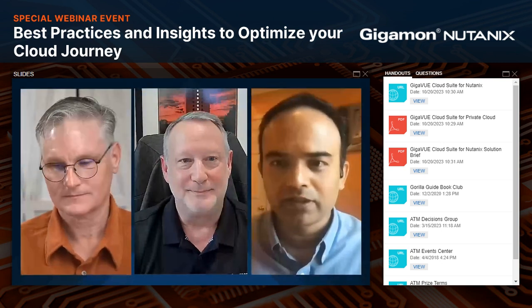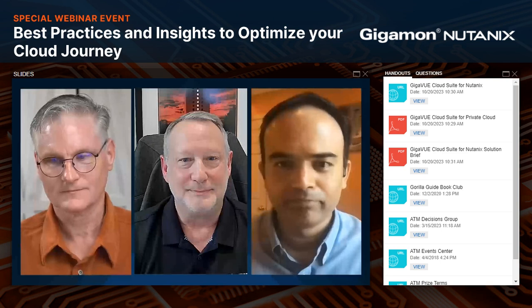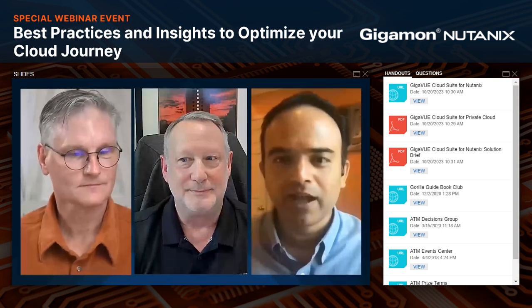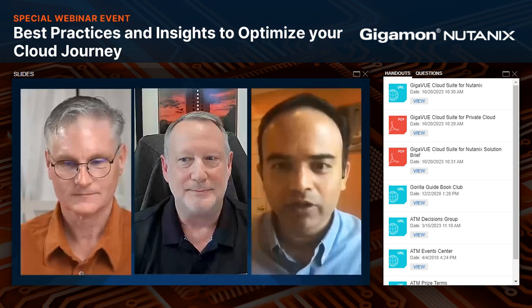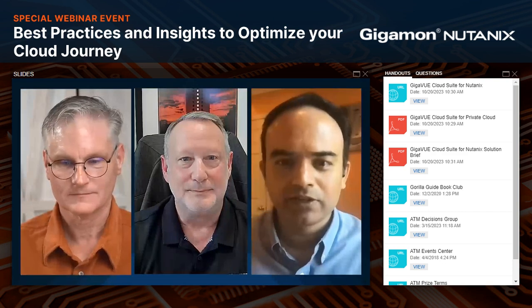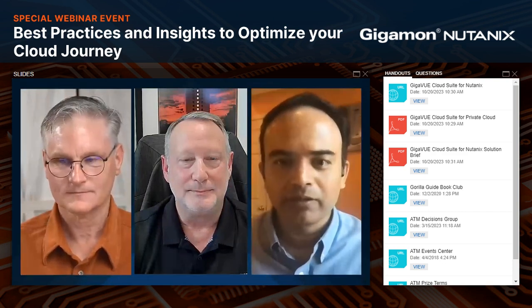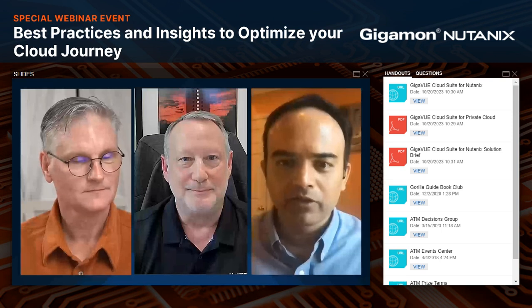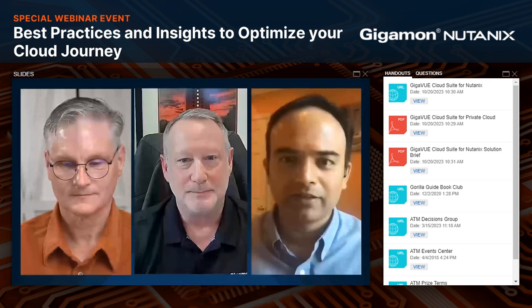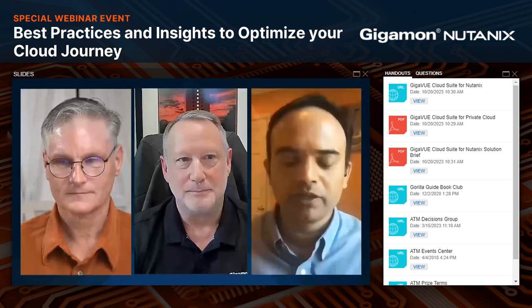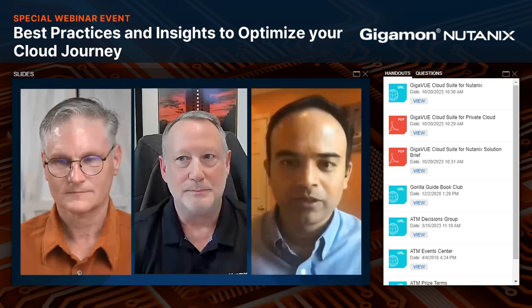I'll go back to what we've been saying all along in this past few minutes, is that the idea of which cloud is really the wrong way of thinking about the problem, right? The way we have to think about the problem is that all clouds should be accessible to me.